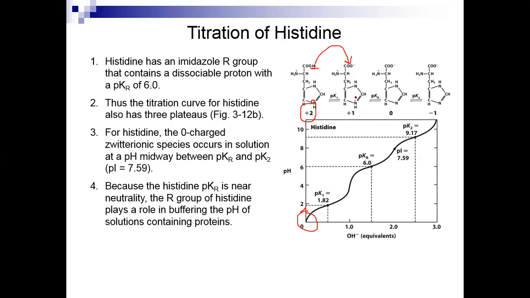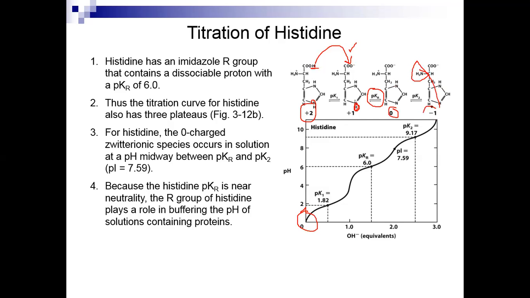Second is here the positive charge. After releasing the proton of the alkyl group, the net charge will be equal to 0. Now, this one, the net charge will be equal to 0, so there is the pKr, and the minus 1 will be obtained after the release of this proton.